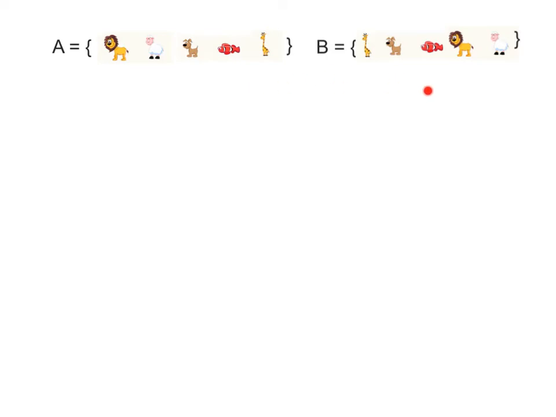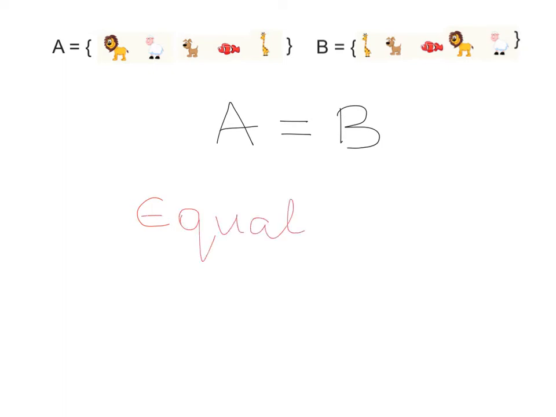So in this case, we can say that set A equals set B, and set A and set B are equal sets. So take it down, please. This is the new keyword and we need to remember it.